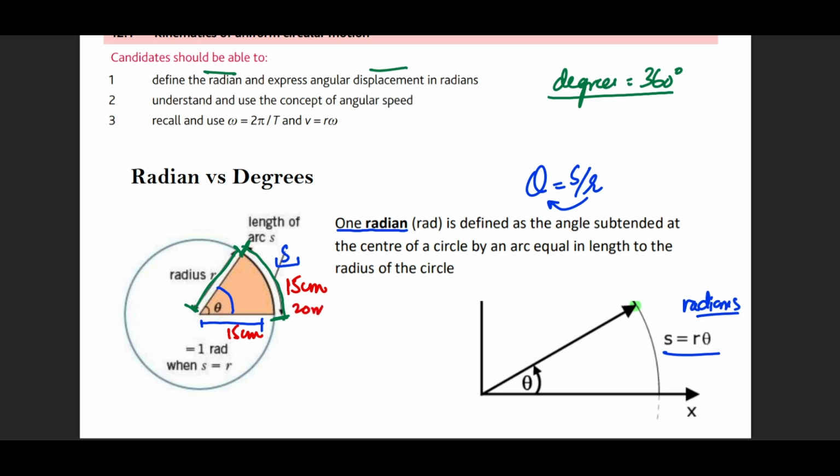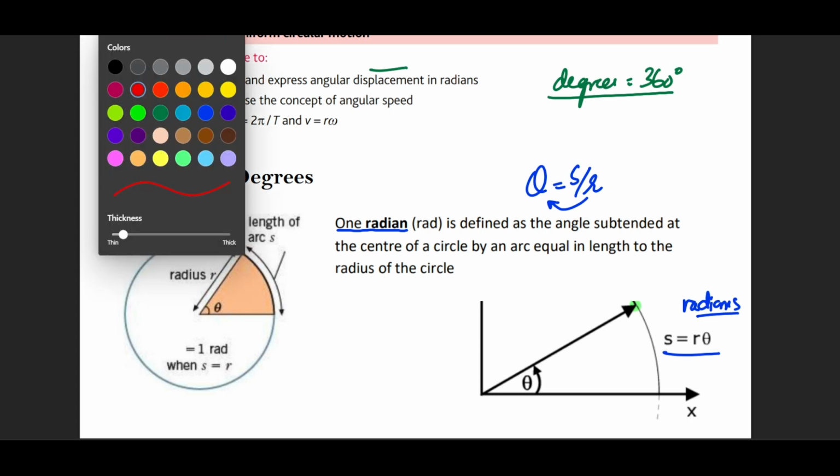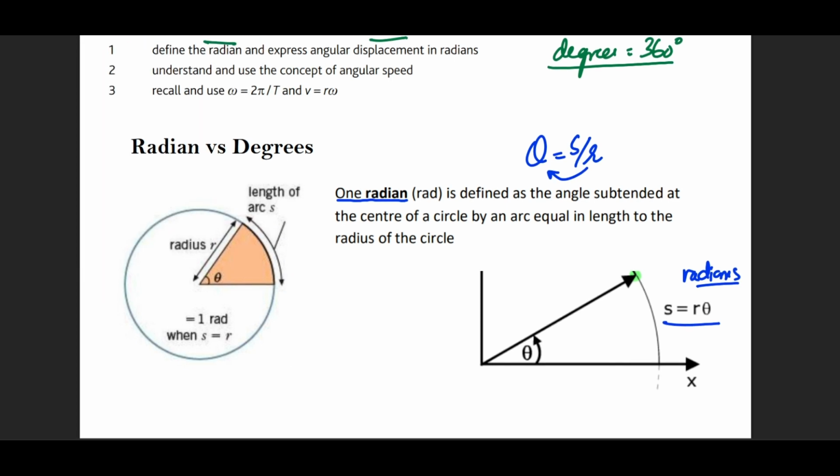Be that 20 meters, if the radius is also 20 meters, then this is what a 1 radian angle will look like. When you do all of these calculations, we come to the conclusion that 1 radian, under all circumstances where the arc length is equal to the radius, comes down to 57.3 degrees. You don't have to memorize this. I'm just mentioning it as a statement of fact, right?